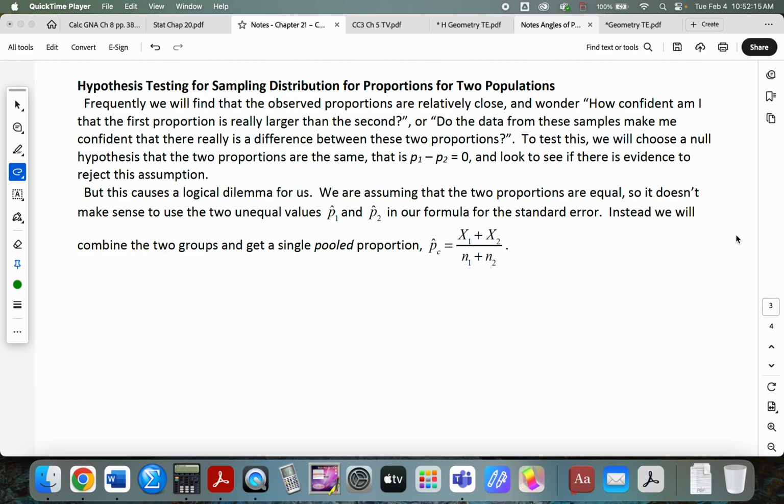Now, every now and then you'll get one where someone claims that the proportion of this one is 20% higher than the proportion of that. If that's the case, you don't have to do what we're about to do. But the vast majority are, yeah, the proportion hasn't changed. Someone's claiming that the proportion of whatever has changed, and we're dubious. So we set the null hypothesis as the two proportions are equal to each other and go from there.